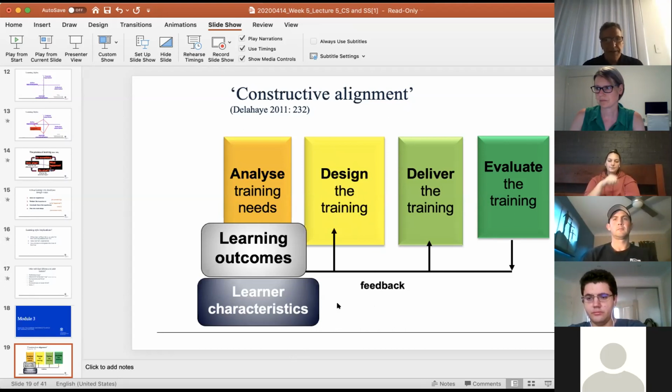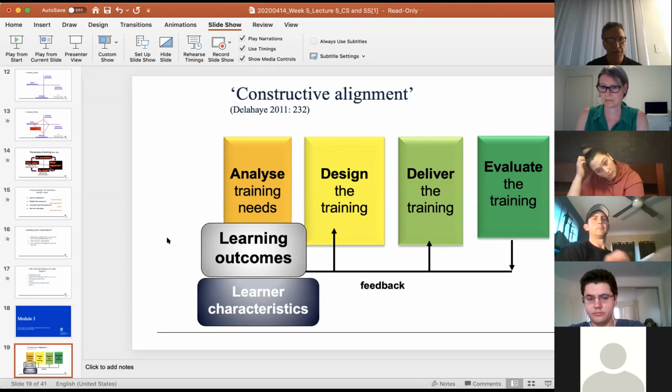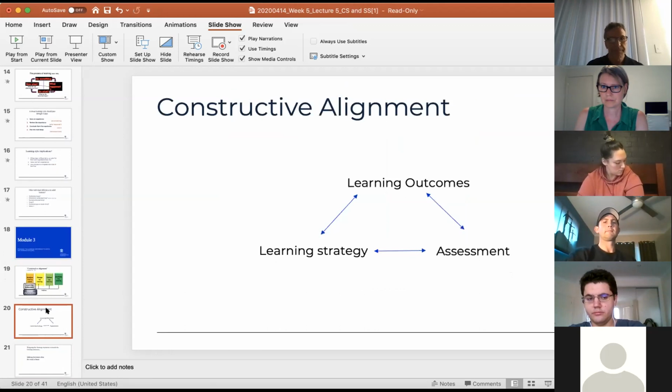Okay, thanks, Amber. So in the sequence of what you need to do in developing your training session, constructive alignment first. Make sure that you have your learning outcomes, and then what you teach and what you assess are all aligned. Here's another diagram that shows the relationship between learning outcomes and assessment and learning strategy.